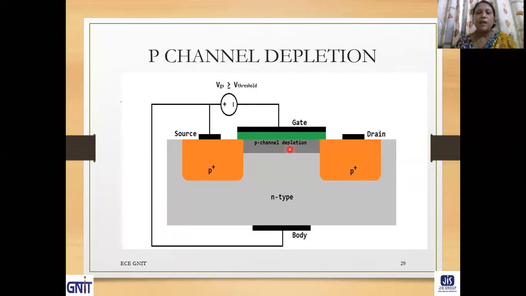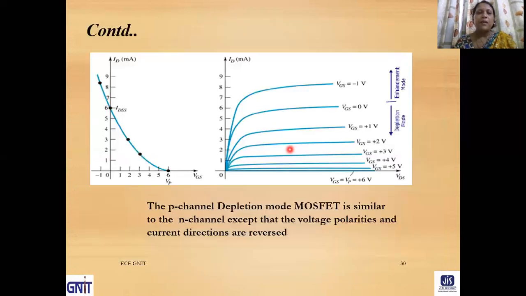Then the device acts as an enhancement mode MOSFET. This is the drain characteristics and the transfer characteristics curve of the P-channel depletion mode and enhancement mode MOSFET, as already elaborated earlier.